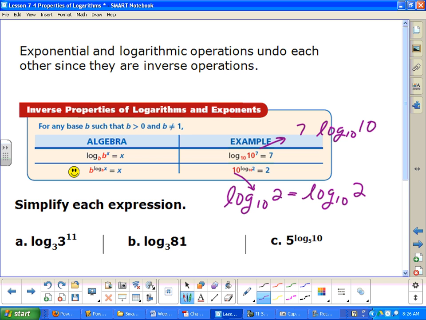Or we could look at it this way: the log base b of x, so this b comes here, and this x comes here. And what is it equal to? It's equal to the log base b of x, the exponent. So if we were to change them from exponential to logarithm or logarithm to exponential, you would say, okay, these two things have to be equal to each other.